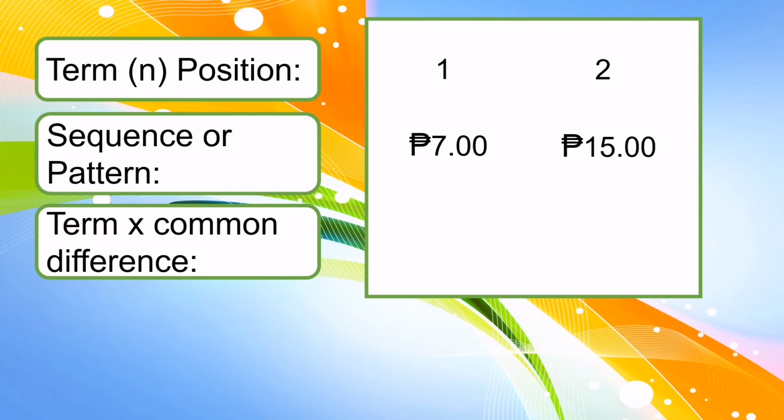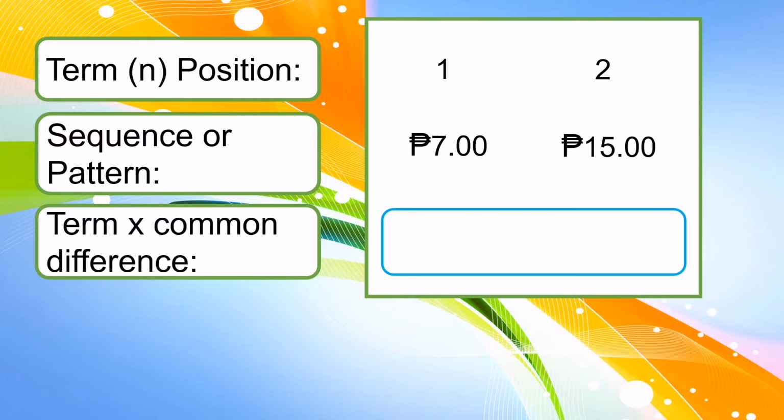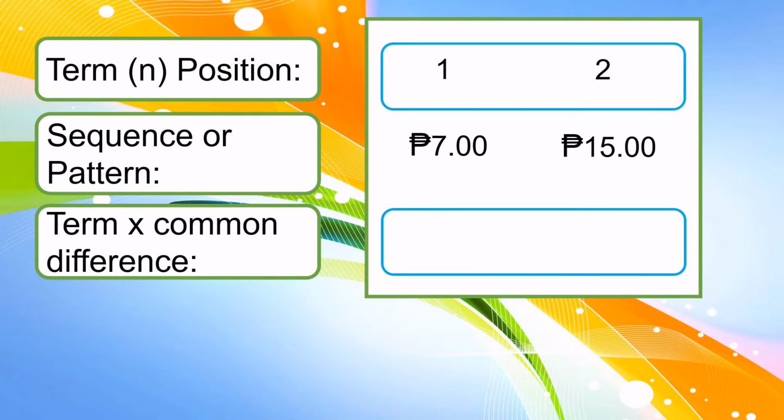The first term is 7 pesos and the second term is 15 pesos. We know that the common difference is 8. So next step, to get the numbers here, just multiply the term number times the common difference, which is 8. So 1 times 8 is equal to 8 and 2 times 8 is equal to 16.